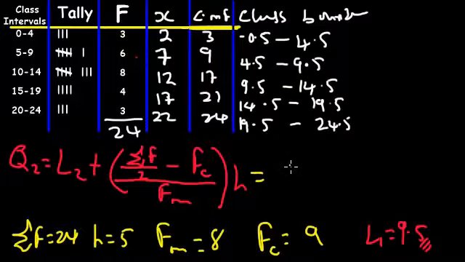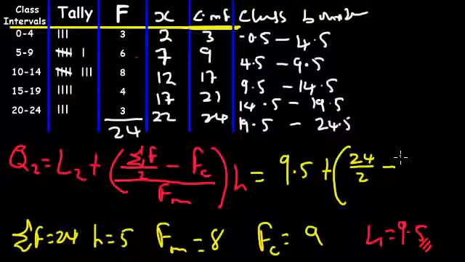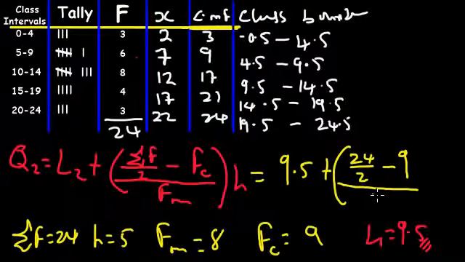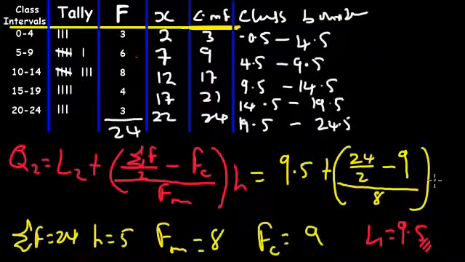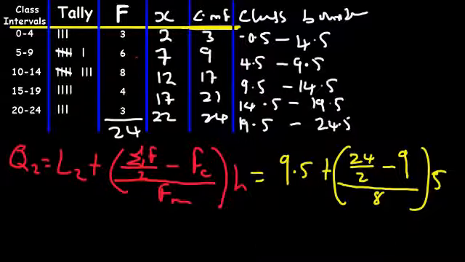That will be Q2 equals L2, 9.5, plus the bracket, summation of f, that's 24 over 2, minus f sub c, which is 9, then divided by f sub m, which is 8, then multiplied by h, the class height, that's 5. Perfect.